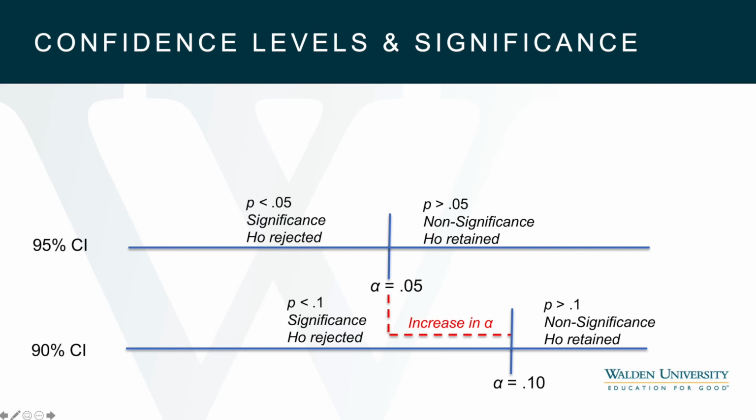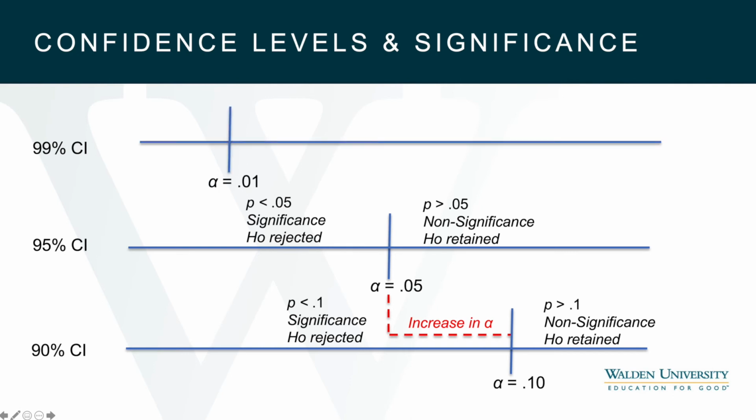In the same sense that we can drop the confidence level, we can also increase the confidence level. We often see that in the field of medicine. If I set the confidence level to 99%, I'm going to end up with a much smaller alpha level. It's portrayed here on the left side. I have a much greater area to retain that null hypothesis to find non-significance, and a much smaller area for significance.